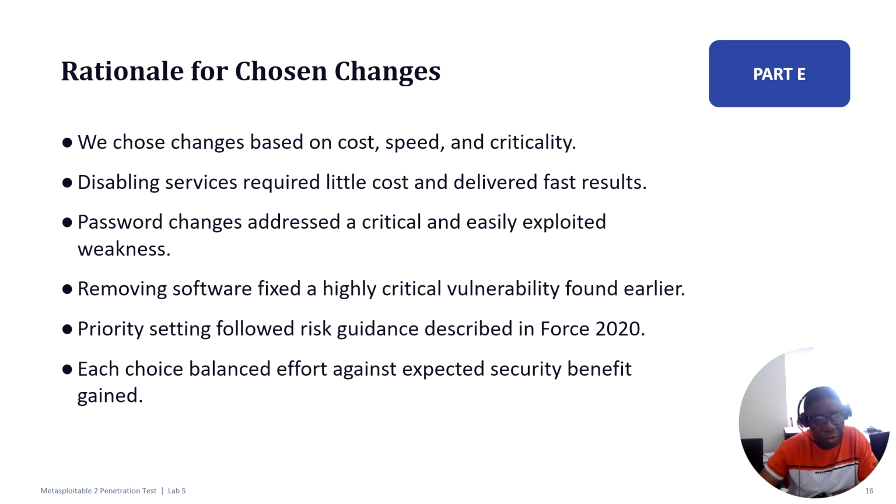Changing the weak password addressed a critical, easily exploited issue with very little effort, and removing the outdated application fixed something that was flagged as highly critical during scanning. This kind of prioritization followed the risk-based guidance from the 2020 publication, balancing effort against actual security benefit gained.